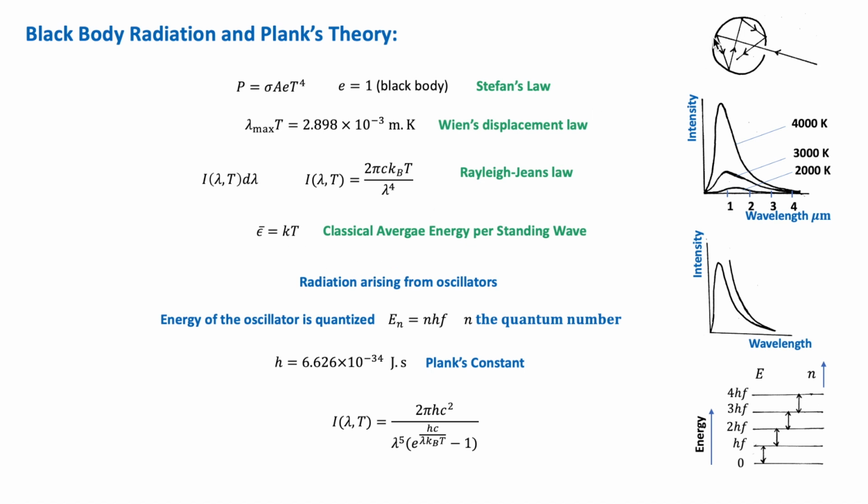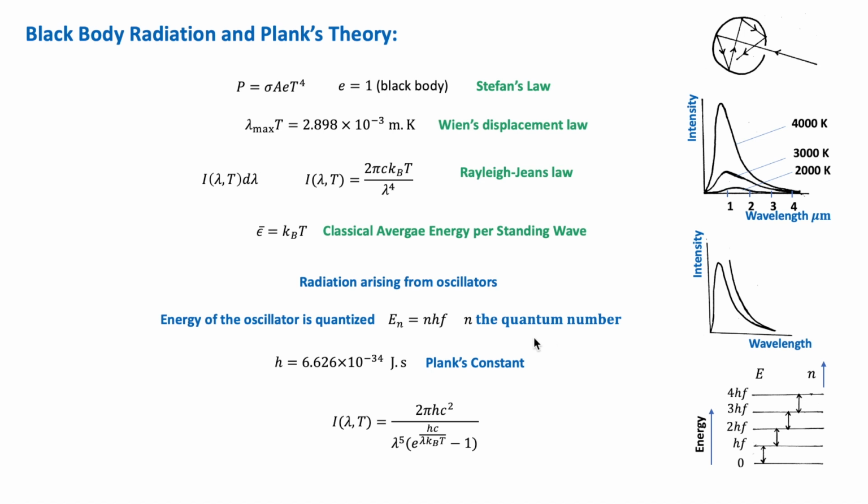And note here in this case that each standing wave in the cavity originates from an oscillating electric charge in the cavity wall. So the classical average energy per standing wave is given by this equation because 2 degrees of freedom are associated with the wave. Okay, so this is the classical average energy per standing wave.